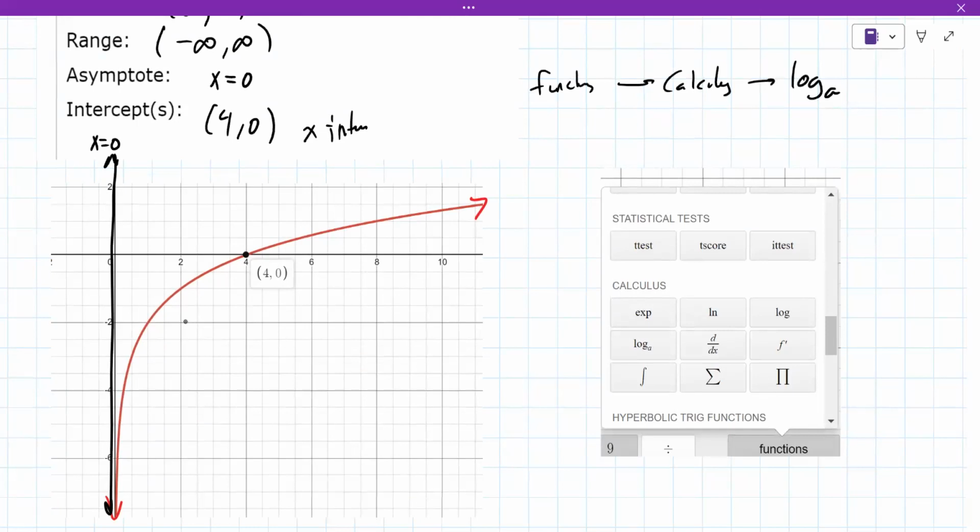It's the line that the graph approaches. It doesn't cross it. It just keeps going down forever.